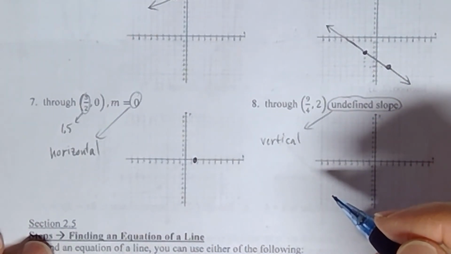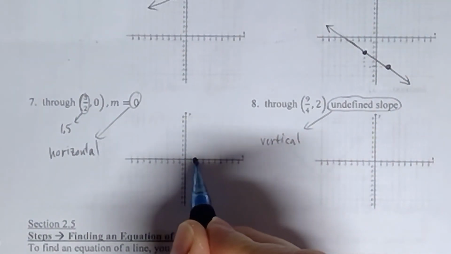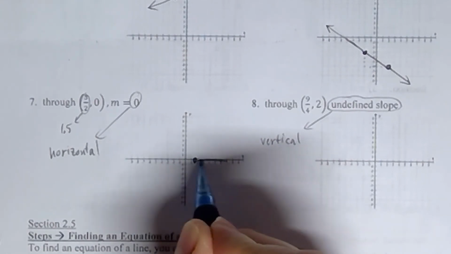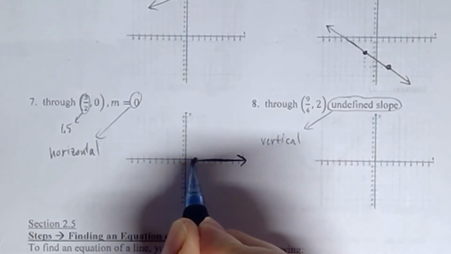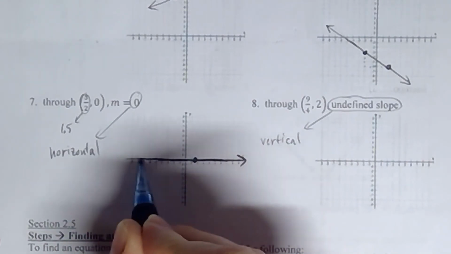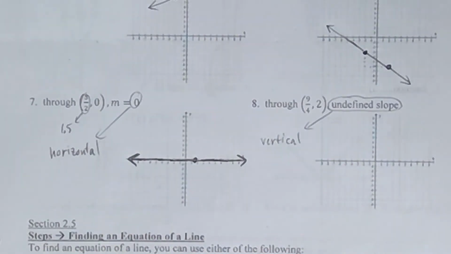And then since it is a horizontal line, we just simply draw a horizontal line through that. And sure enough, I know this looks kind of weird, but it's going to be right on top of the x-axis. So draw a horizontal line through that point, and that's what they're asking you to do there.